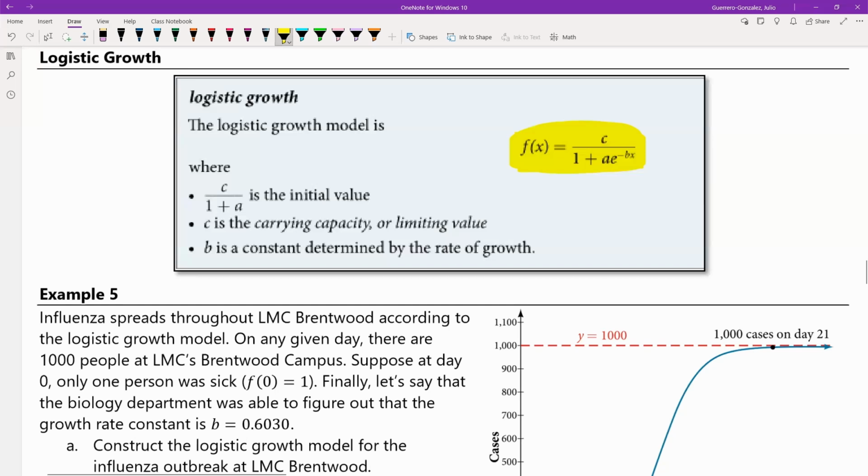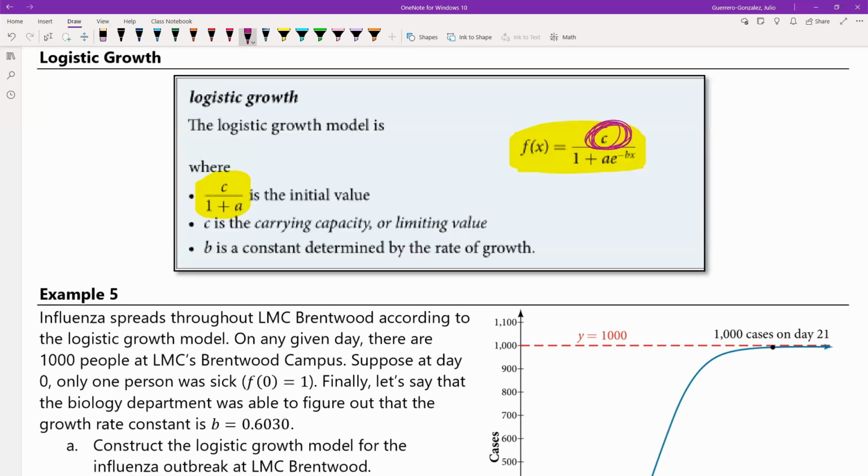So there's a couple things that I need to cover for it. This C divided by 1 plus A, basically this little chunk right there, is what we call the initial value, whatever that amount might be. The C is what we call the carrying capacity.